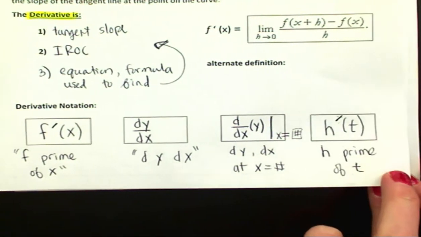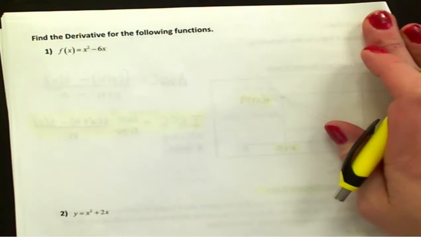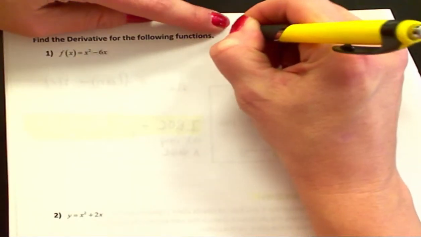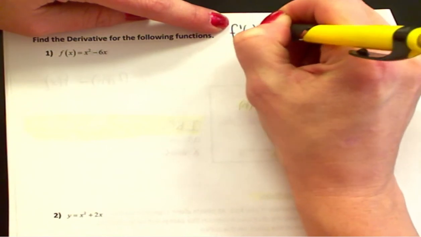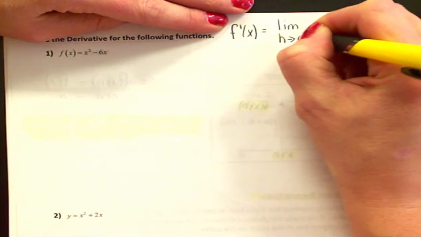Okay, here we go. We're going to turn it. Polynomial. F prime of x equals. I'm going to copy my definition, right, just at the top of the page.